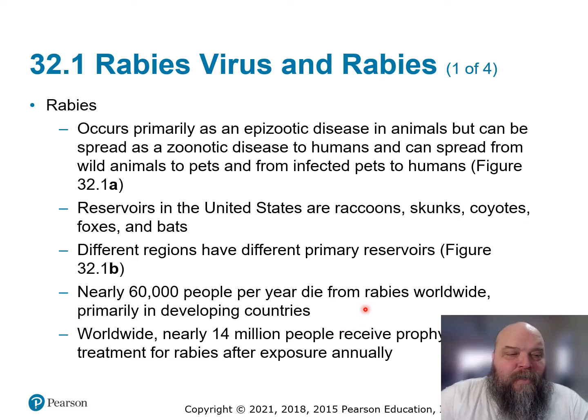I like this: rabies. It's an epizootic disease, okay? It's not endemic. It pops up. Numbers go up in a given area, given region, in certain animals. We get it because we're exposed to those animals. They spread it animal to animal, and then indirectly, at some point in time, we come into contact with them.